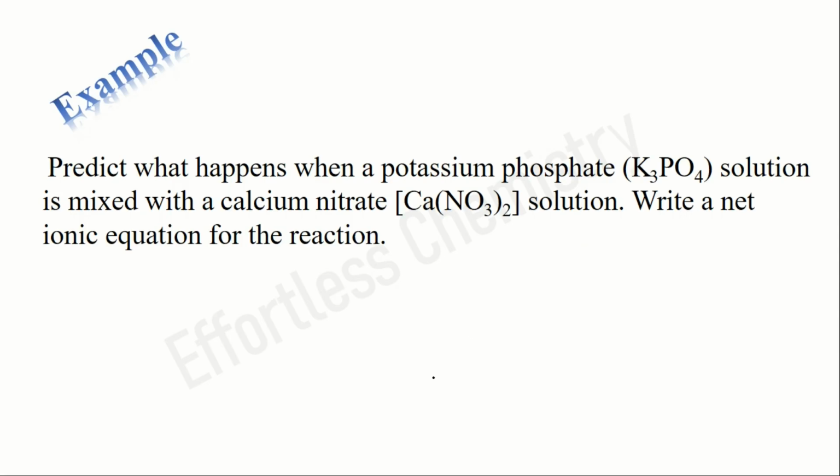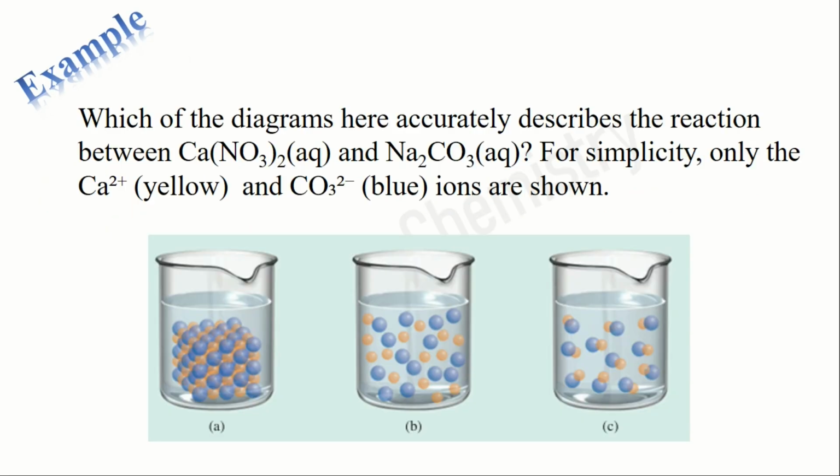Also, in this lesson, I have provided another example which could be a little bit interesting. Which of the diagrams here accurately describes the reaction between calcium nitrate and sodium carbonate? For simplicity, only the calcium and carbonate ions are shown.